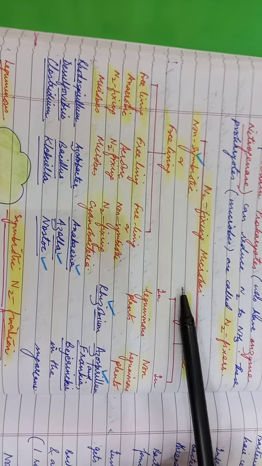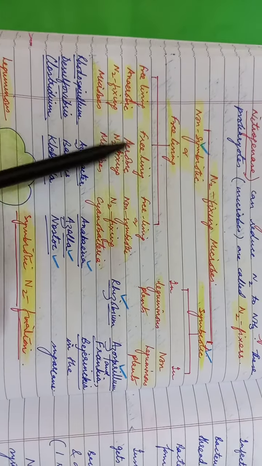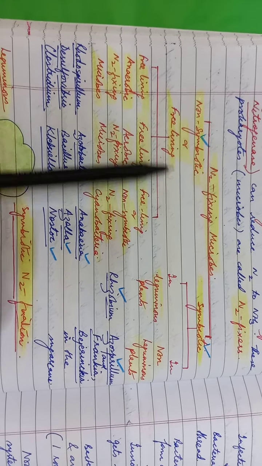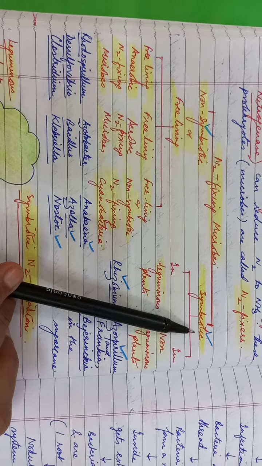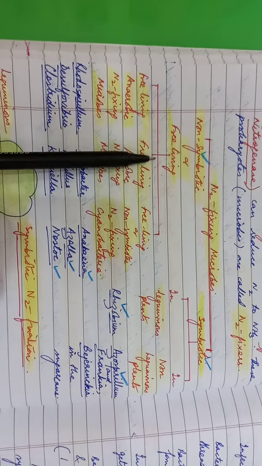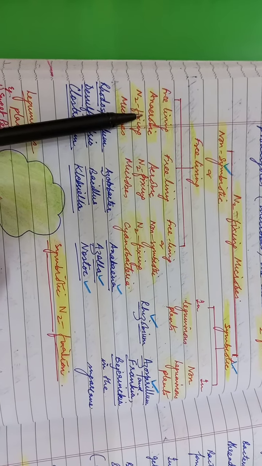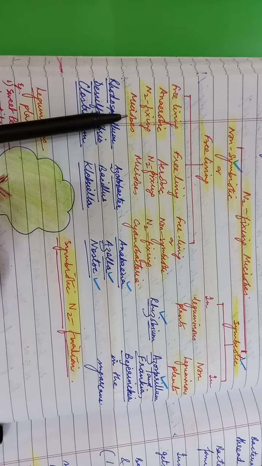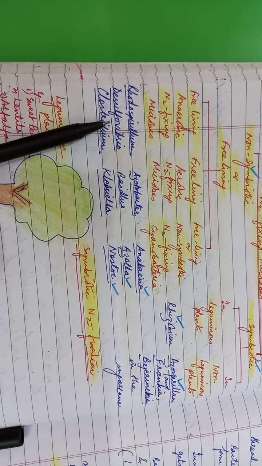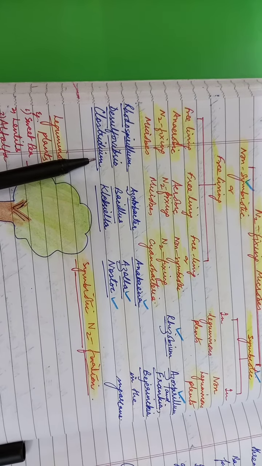So, which are these nitrogen fixing microbes? They are of two categories, non-symbiotic and symbiotic. Non-symbiotic, we can also call them free living or living freely in the soil, right? Like free living anaerobic nitrogen fixing microbes: Rhodospirillum, Desulfovibrio, then Clostridium.